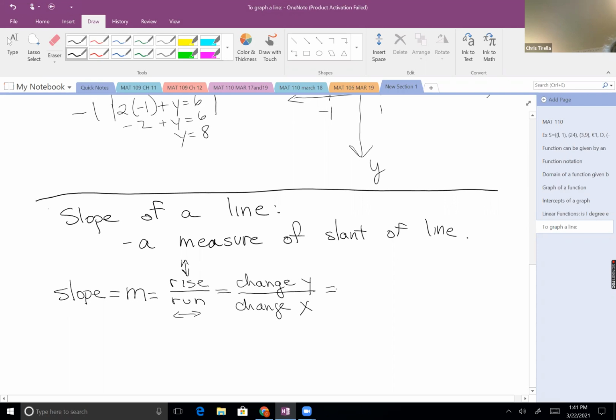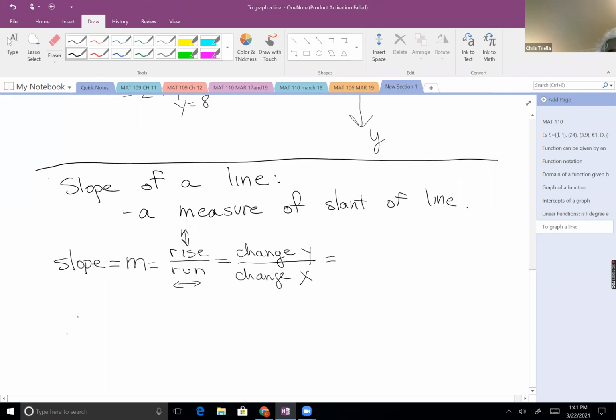Sometimes, because mathematicians are intrinsically lazy, they don't like writing words. Sometimes you see this symbol here. It looks like a triangle. It's a Greek letter delta, and it's used to represent change. And so the change in y is sometimes delta y over the change in x, delta x.